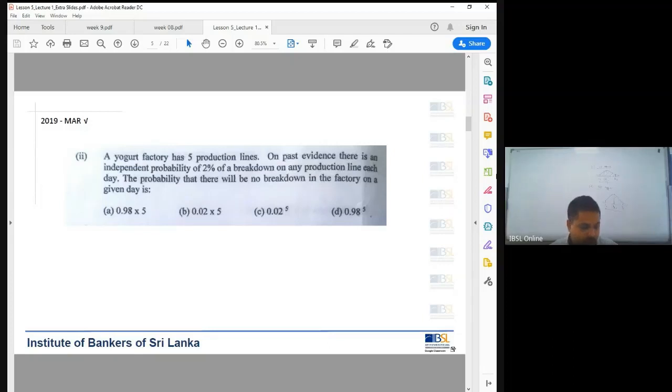The breakdown probability is given as 2%. So in such circumstances, we can assume that factories do not disturb the other factories in the production line. So comfortably we can denote an answer like this, 0.98 to the power of 5, for us to compute the probability that there will be no breakdowns.